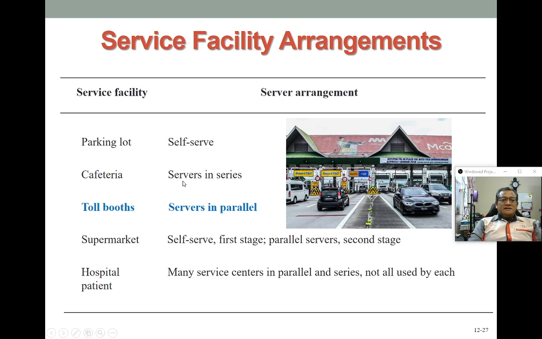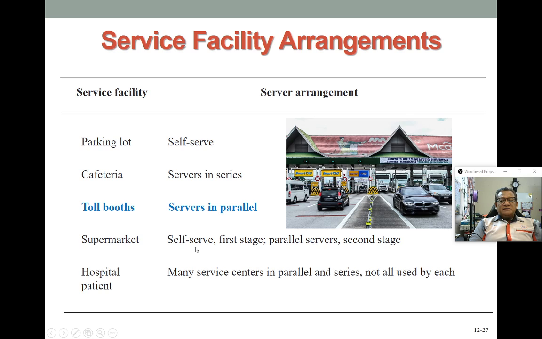At a cafeteria, service is in series, first come, first served. At a toll plaza for payment, you take turns in the queue or in parallel, and move next after the customer at the front is done.